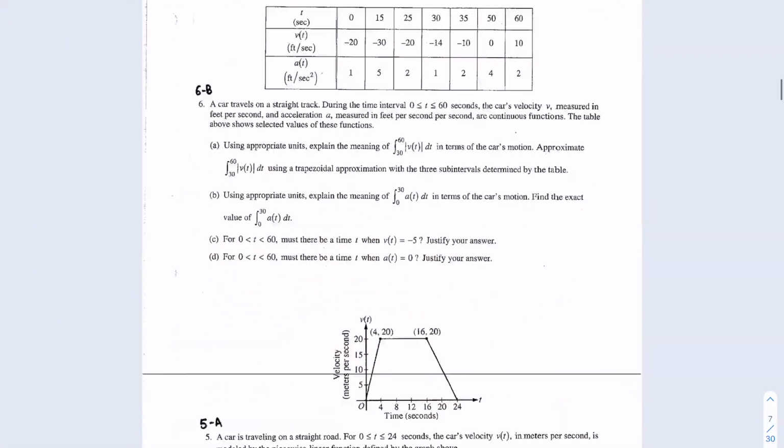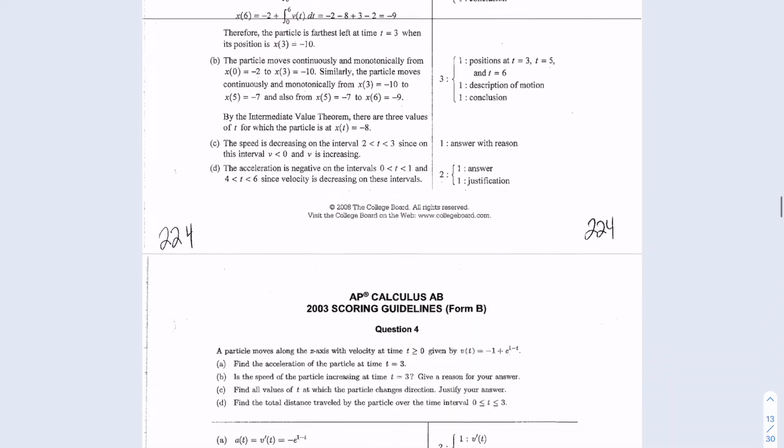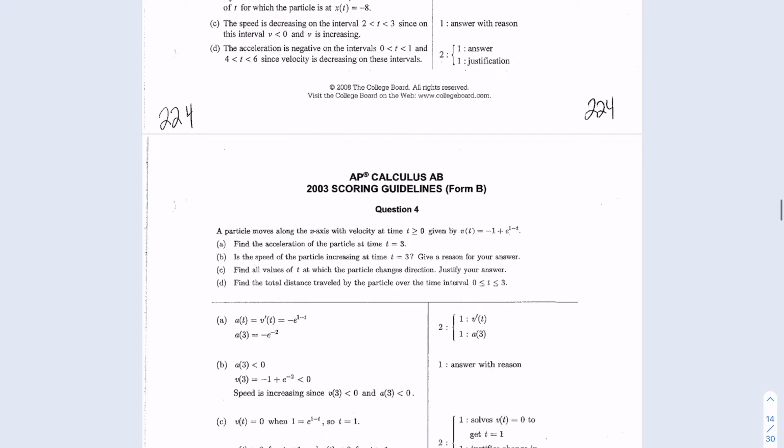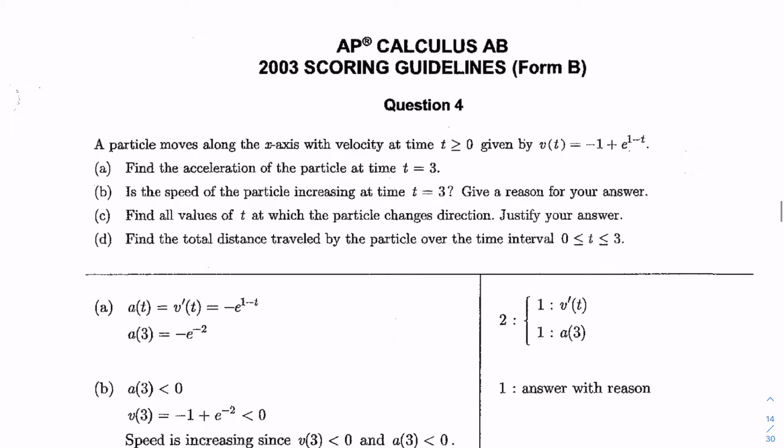All right. So that was 2003. So this one here is an easy 2-pointer. You get 1 point for the general derivative and for plugging in 3. They went all the way through. Remember, not needed, not required. Equal is equal. Okay? I can't stress that enough.